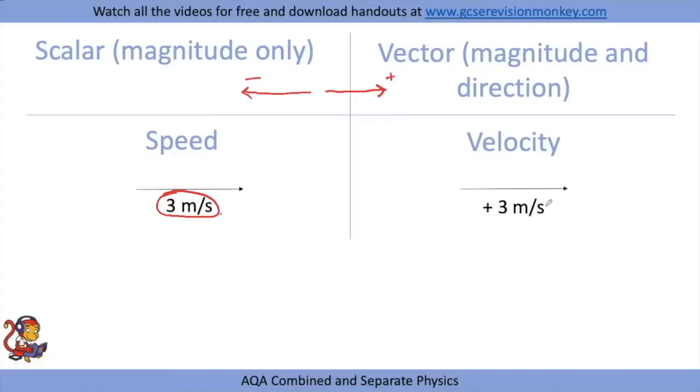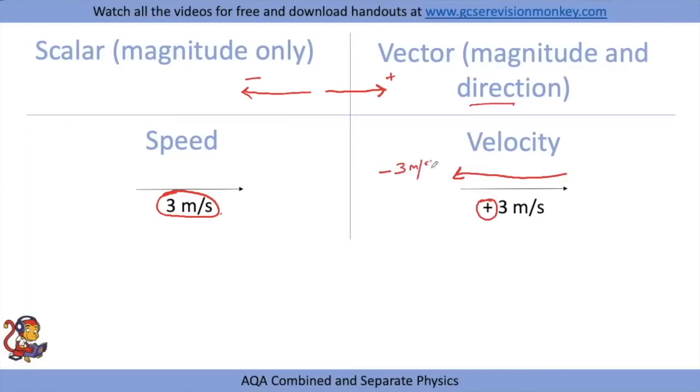This indicates the direction that the object's moving in, hence taking into account direction as well as size. If the object was moving in the opposite direction at that same speed, it would be minus 3 meters per second to show it's moving in the opposite direction.